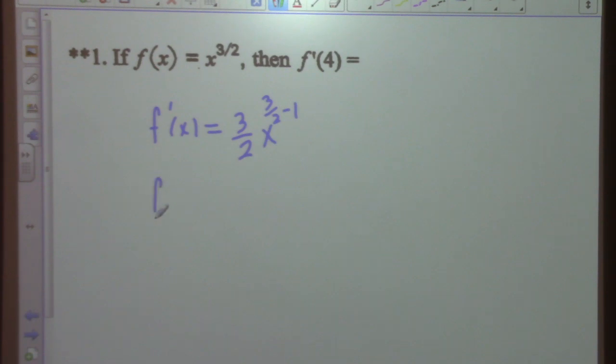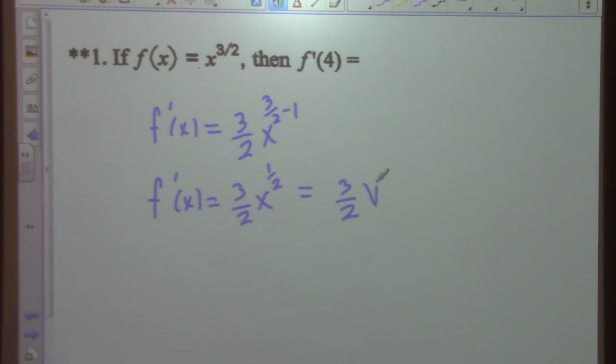And what is 3/2 minus 1? 1/2. So you have x to the 1/2 power, and then that's what this is. And then you can further, not that you have to, it just makes things easier, rewrite this as, what is x to the 1/2 power?